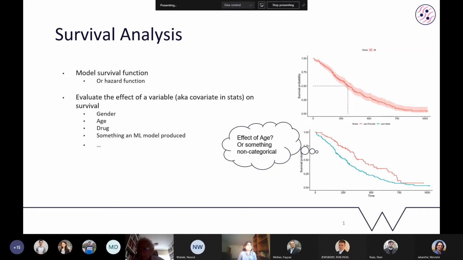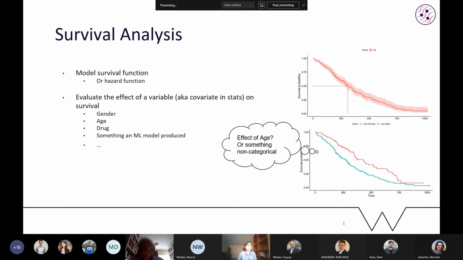So perhaps if you have age, you will try to categorize it into, let's say, young and old based on some threshold value. Now, there are two problems here. The first one is, how do we come up with a proper threshold? Using some sort of discovery cohort. What if that discovery cohort isn't representative of the whole population?